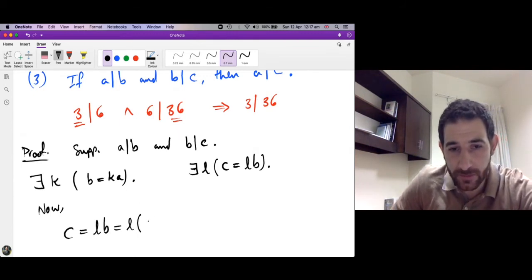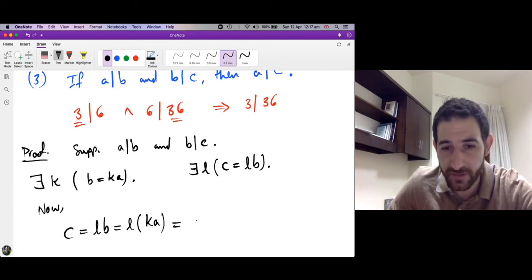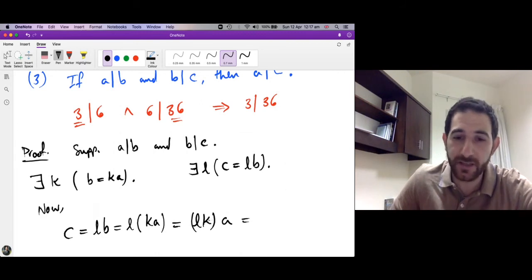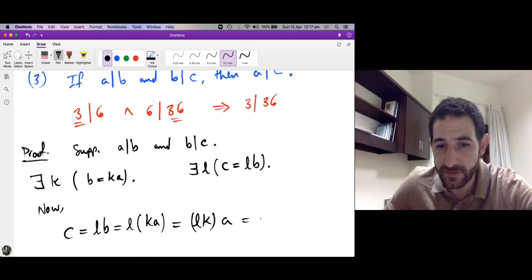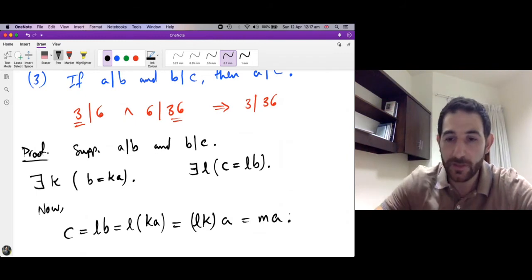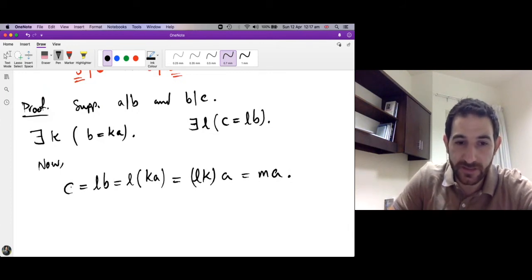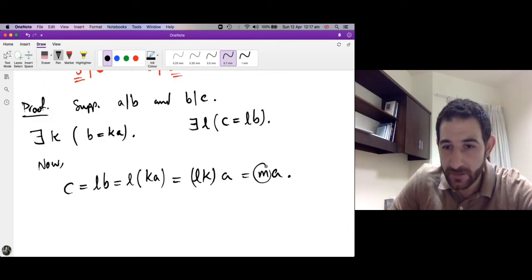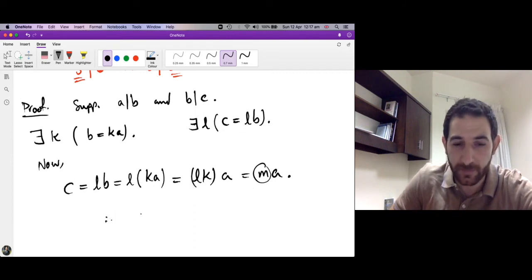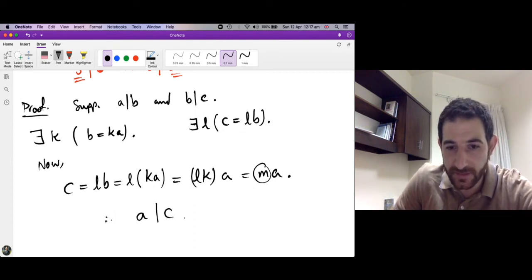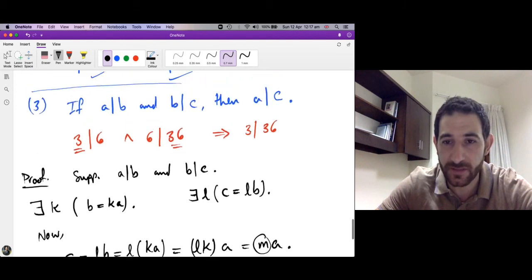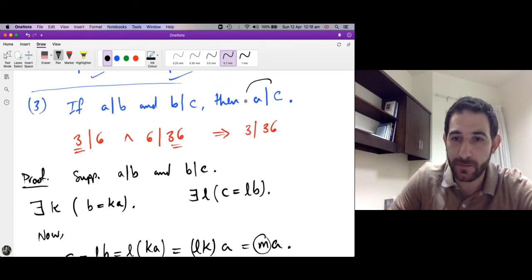So C is equal to L times K times A. Now we can rewrite this using associativity of multiplication as LK times A. And since L is an integer and K is an integer, their product is an integer, and so this is equal to, say, M times A. Which means that C is an integer times A. This implies that A divides C, which is the desired goal, right?